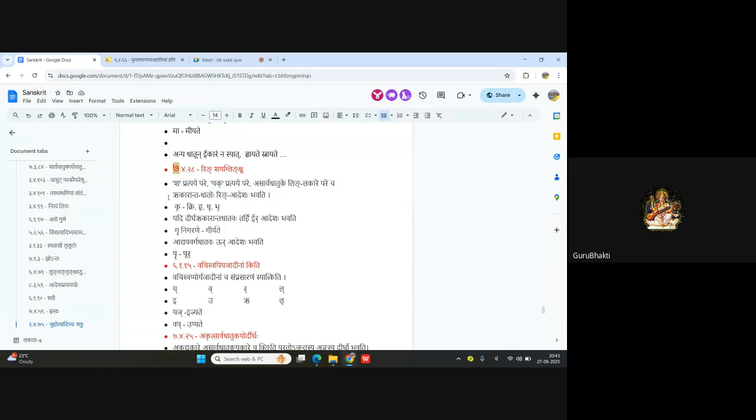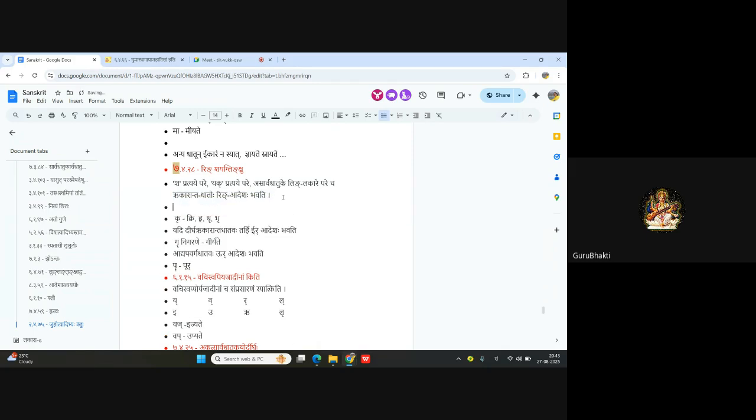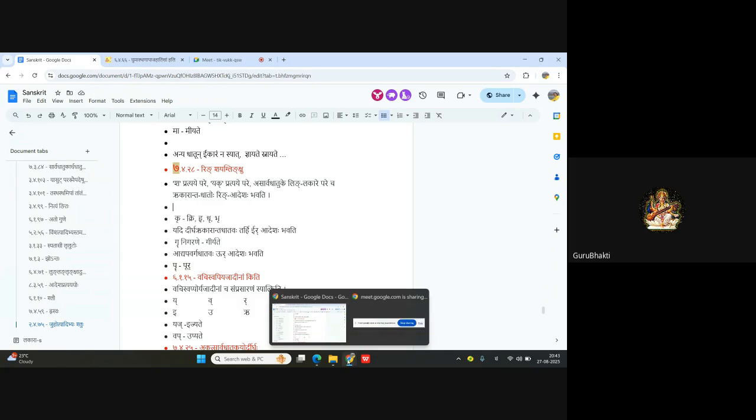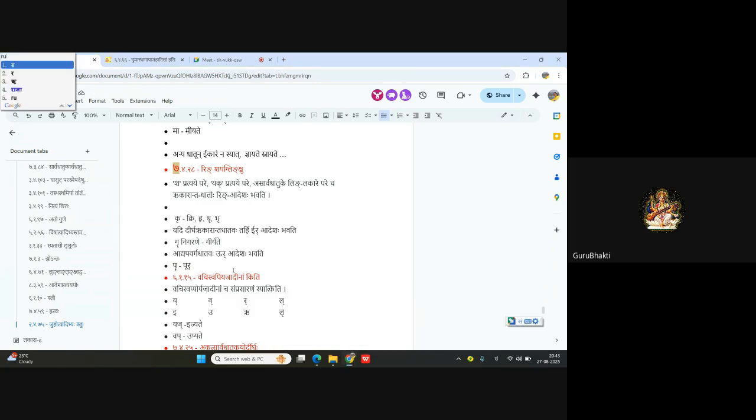This second line you can focus on. Whenever rukaranta dhatus are there, that Ru will be replaced by Ri. This is what is said by this sutra.